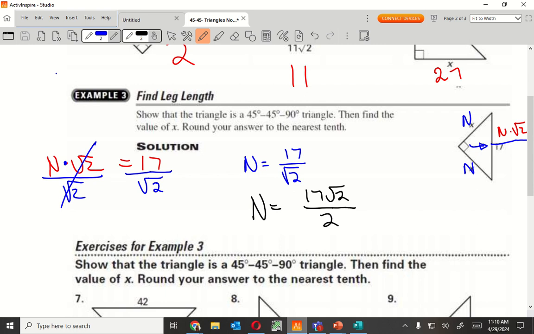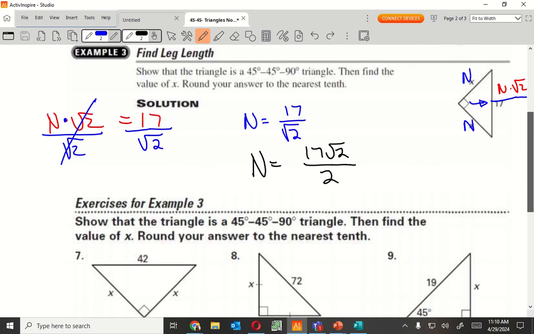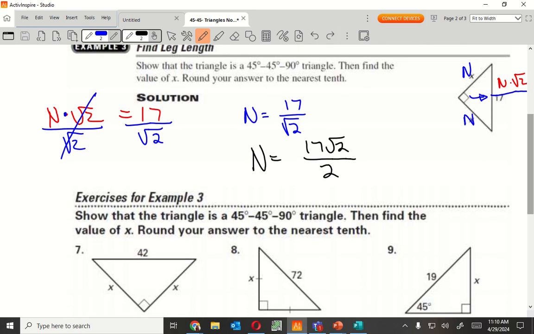All right, you people are trying 7, 8, 9. You're doing 7, 8, 9. Do you see that?